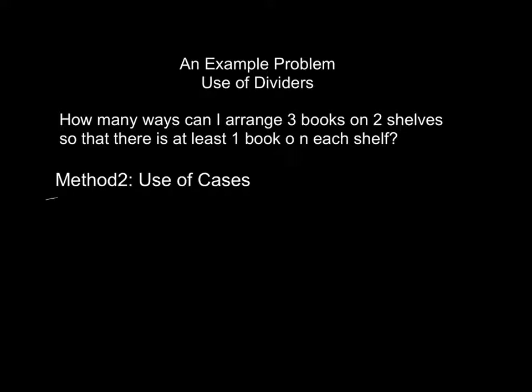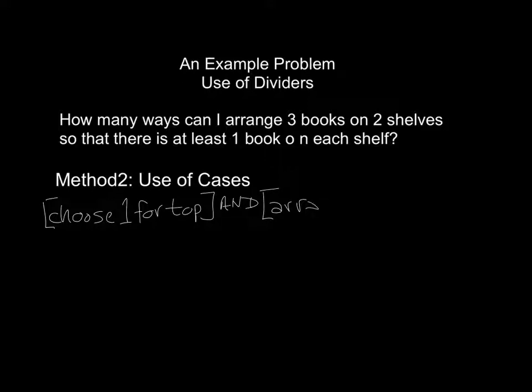So the first case we could do is we could choose 1 book for the top shelf, and then we'll have 2 books on the bottom. We're left with 2 on the bottom, but we'll arrange those 2 books on the bottom.